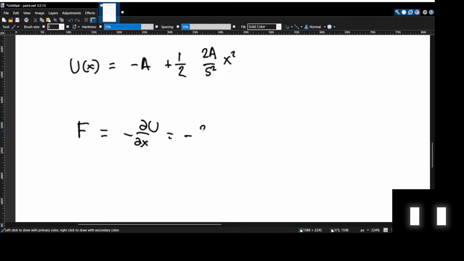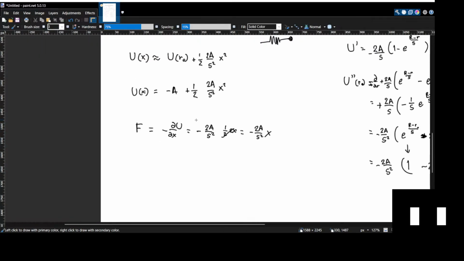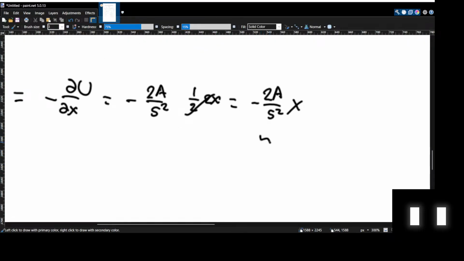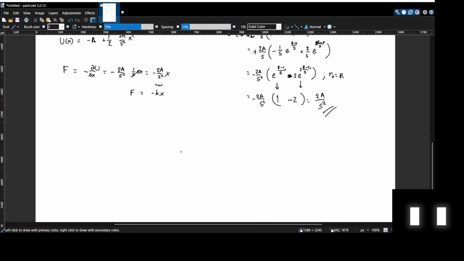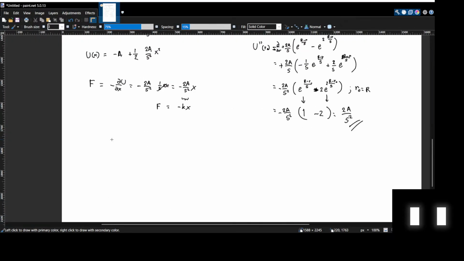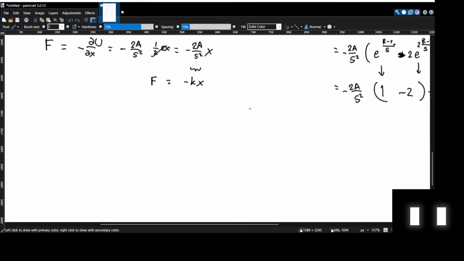And we're going to get negative 2a over s squared times 1/2 times 2x, which means these 1/2s cancel out and becomes negative 2a over s squared x, which we can pack this entire guy into k, which gives us F equals negative kx. Therefore, we can say that this system can be modeled near the point of equilibrium with a spring force. With that spring force, k equals 2a over s squared.